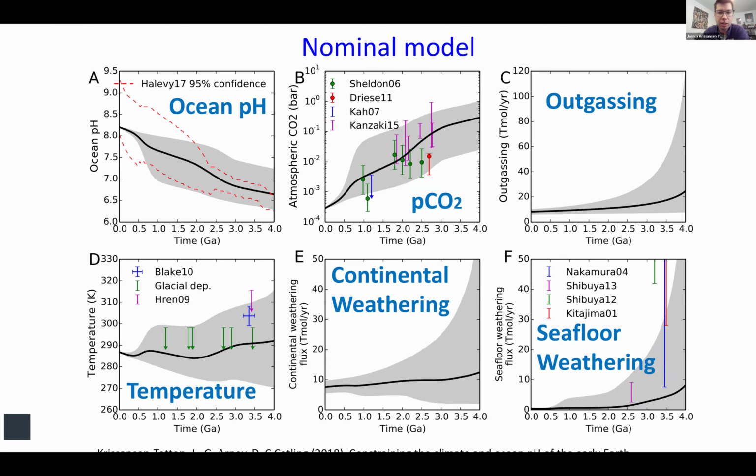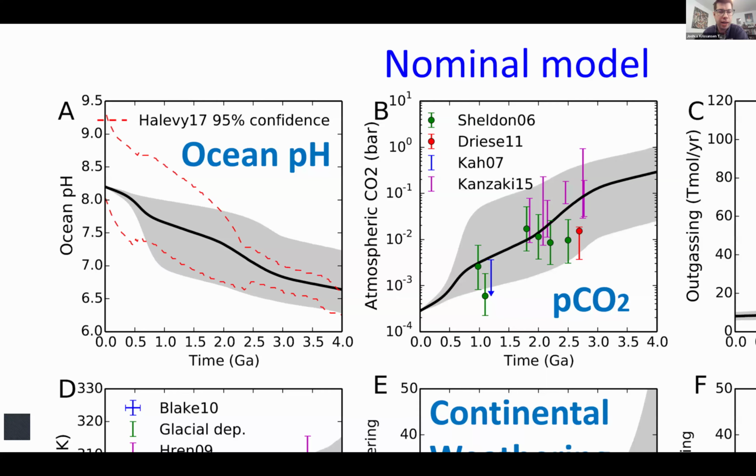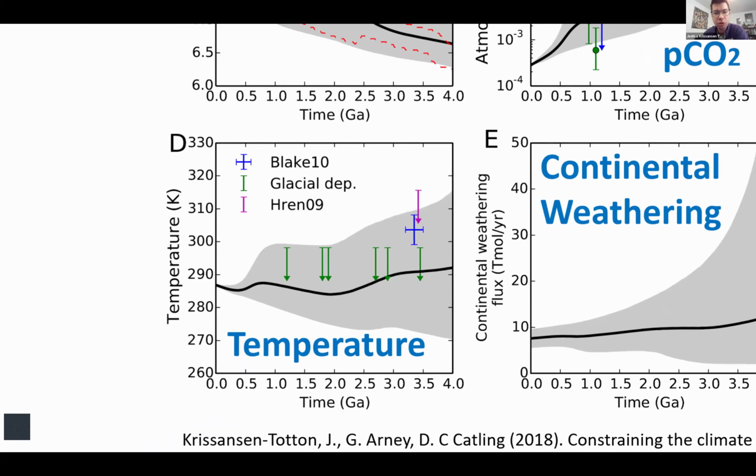But unsurprisingly, you get CO2 drawdown as the sun is getting brighter over geologic time, and the combination of continental and seafloor weathering keeps surface temperatures relatively temperate, albeit with very large uncertainties.